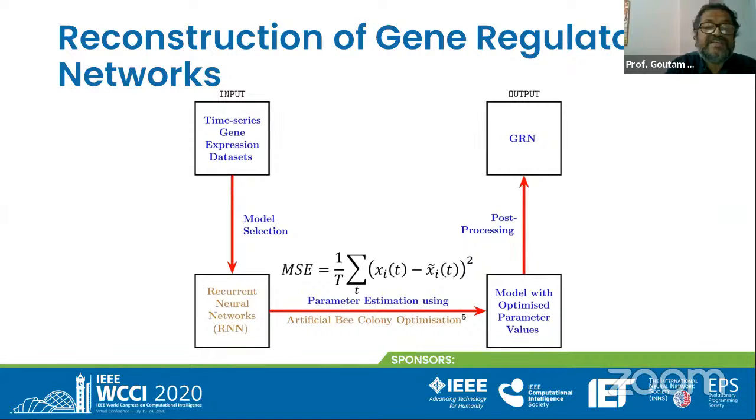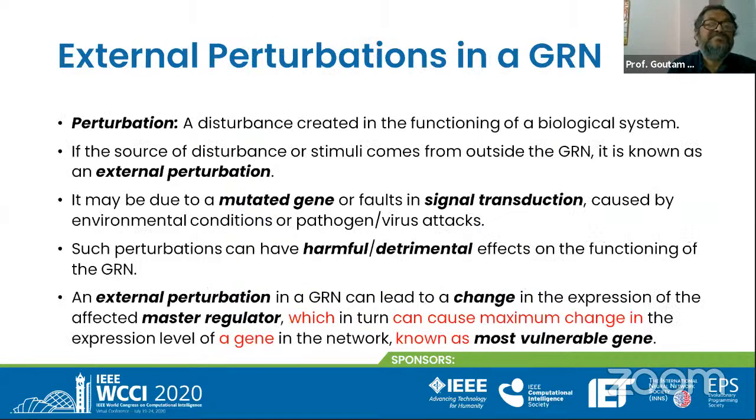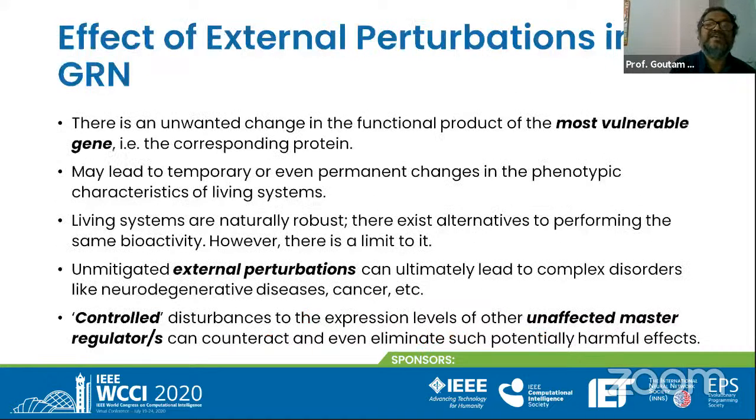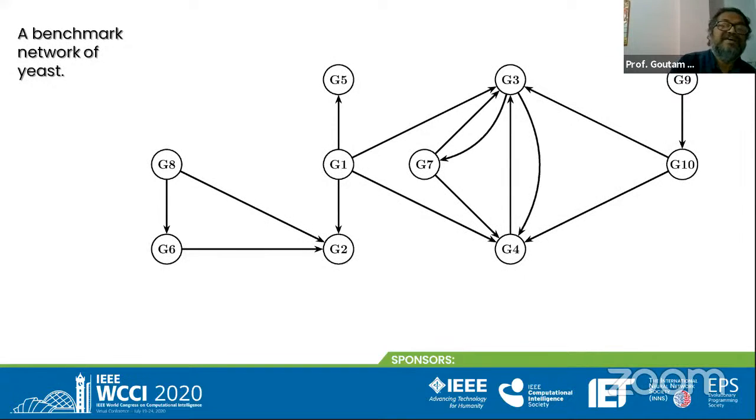External perturbations on GRN. Now let me show you how a GRN looks like. This is how a GRN looks like. See how many genes are there? G1, G2, G3, G4, G5, G6, G7, G8, G9, G10. 10 genes are there.